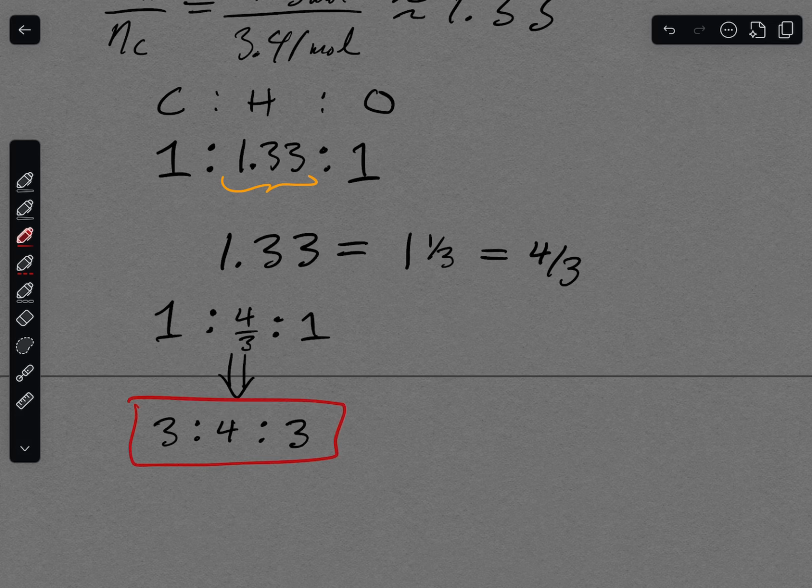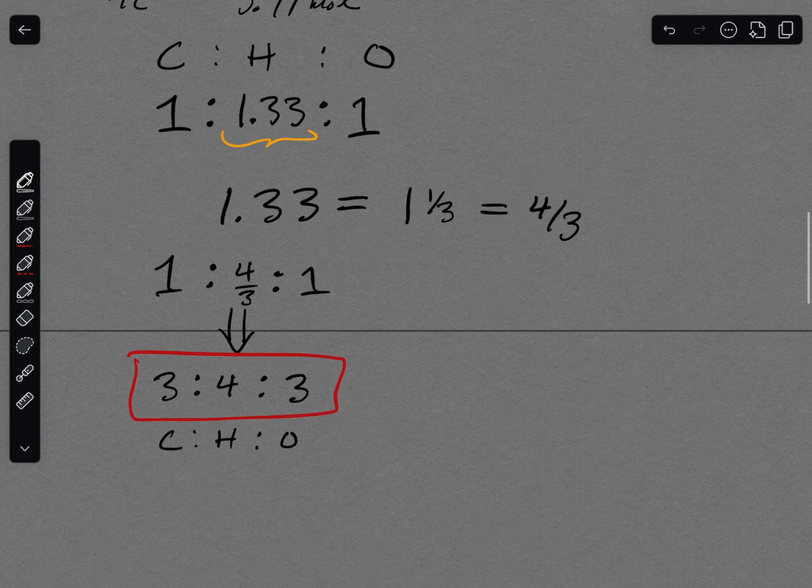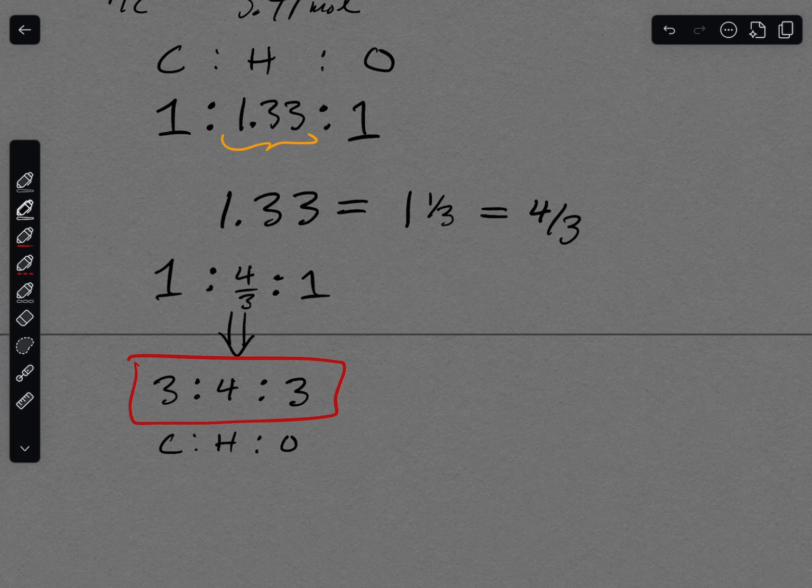And again, these were for carbon, hydrogen, and oxygen. So we have our ratios, which then would imply to us, if we wanted to turn this into an empirical formula, we should have C3H4O3.